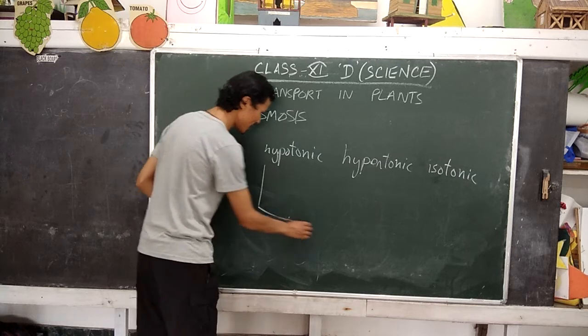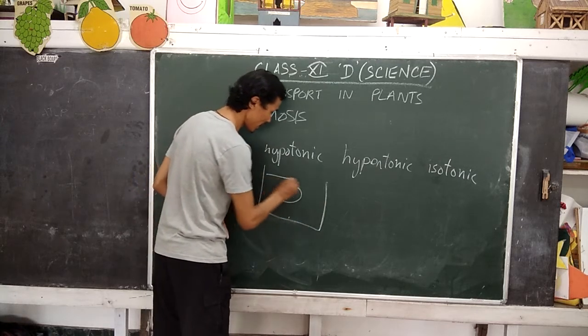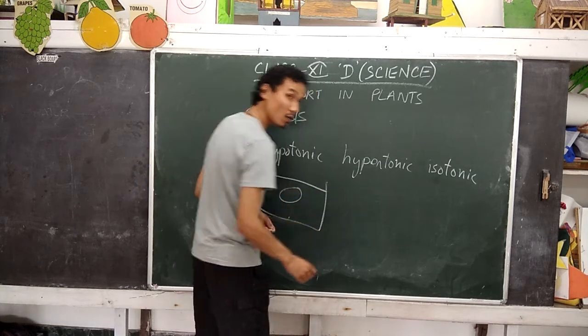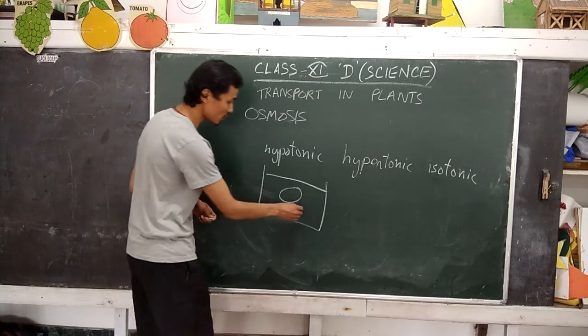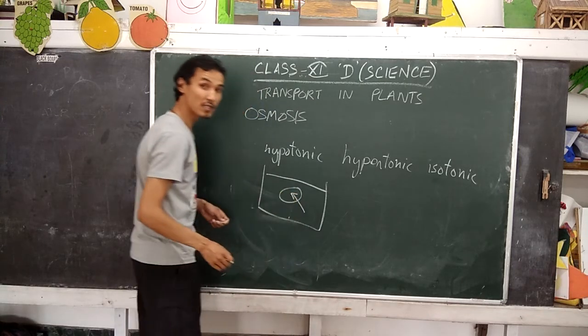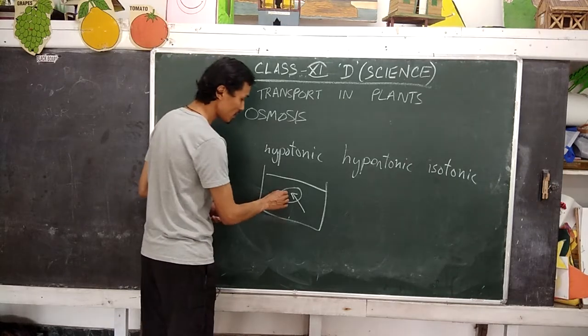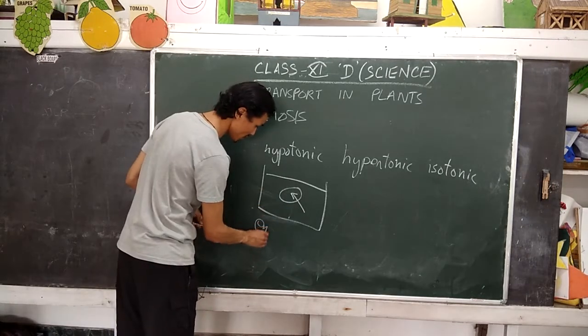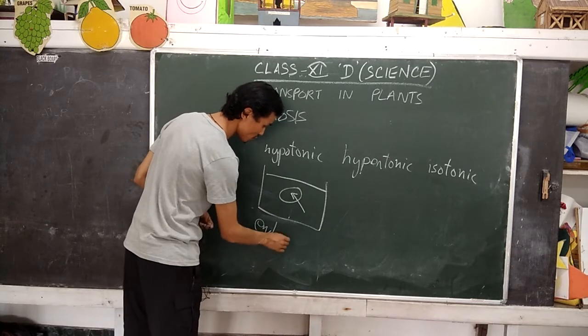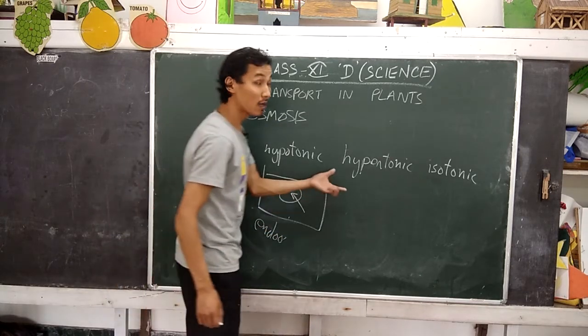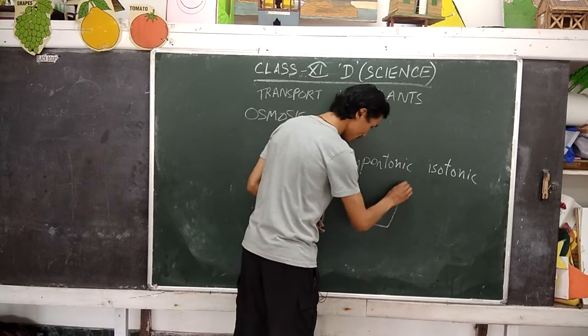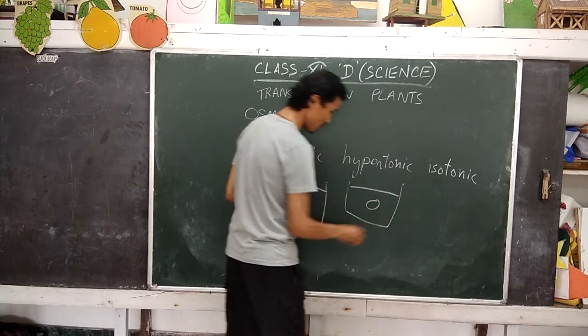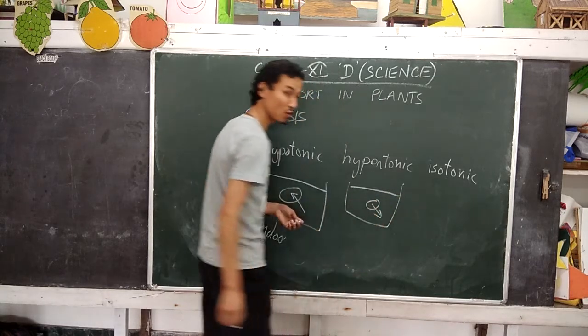So if I place a cell in a hypotonic solution, what happens is the water starts entering the cell. So this cell increases in size, and this particular process is known as endosmosis. Suppose if I place a cell in a hypertonic solution, what happens is the cell starts to lose water.